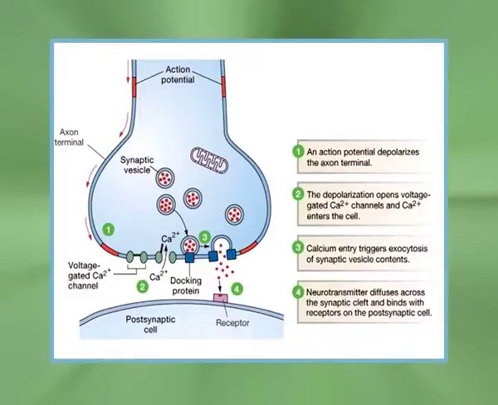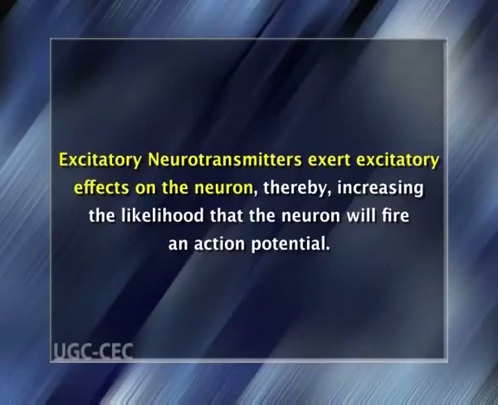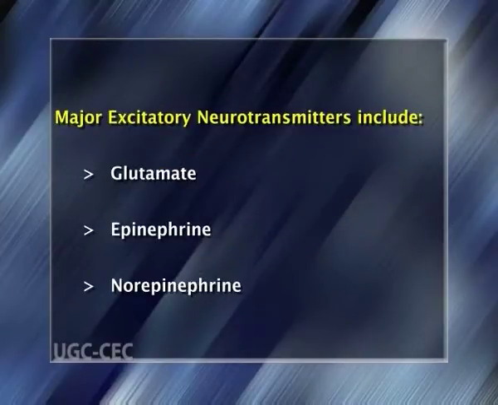Neurotransmitters are generally classified into two main categories related to their overall activity: excitatory or inhibitory. Excitatory neurotransmitters exert an excitatory effect on the neuron, thereby increasing the likelihood that the neuron will fire an action potential. Major excitatory neurotransmitters include glutamate, epinephrine, and norepinephrine.